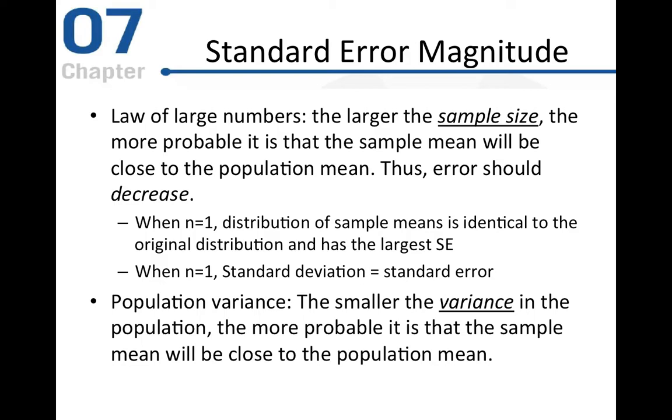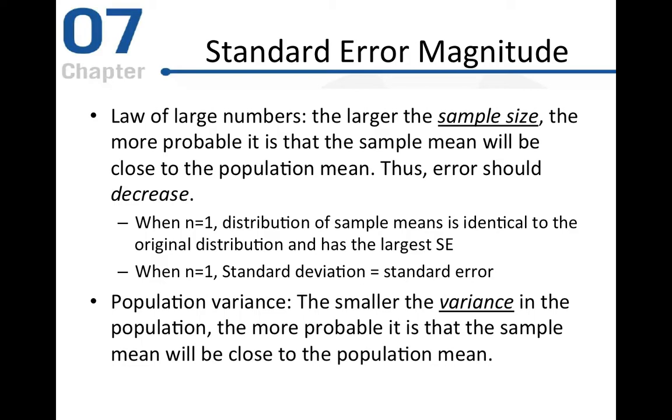When we're talking about sample size, we're talking about how many scores are in each of your samples. So if you choose an N of 100, that is probably going to be a bit more of a reliable indicator than if you have an N of 1. So the standard error should be smaller if you have a small n of 100 versus a small n of 1.